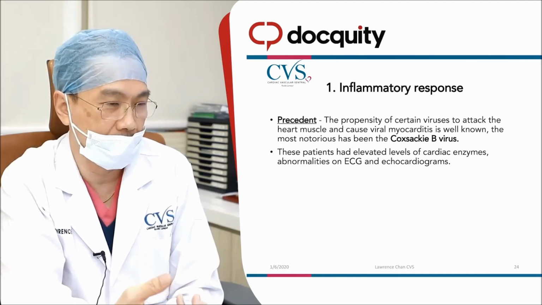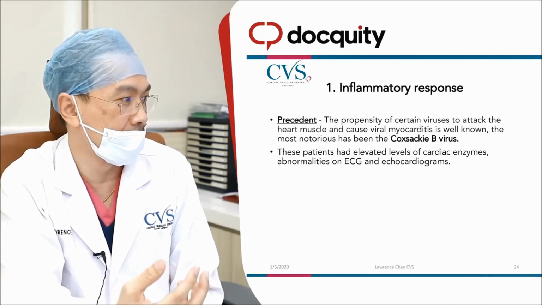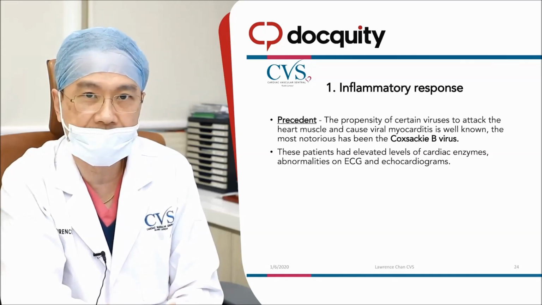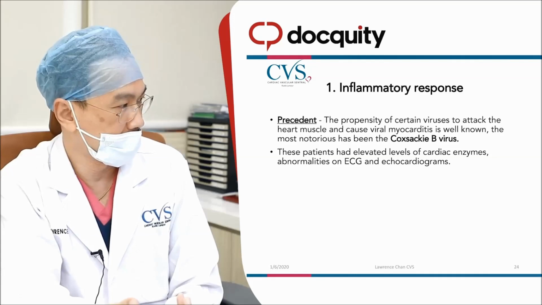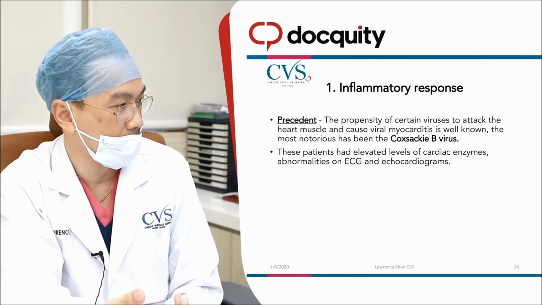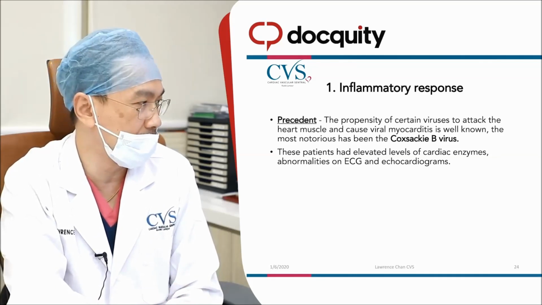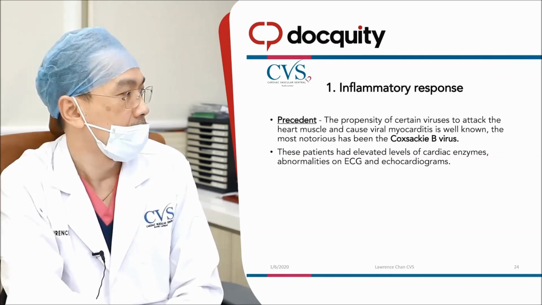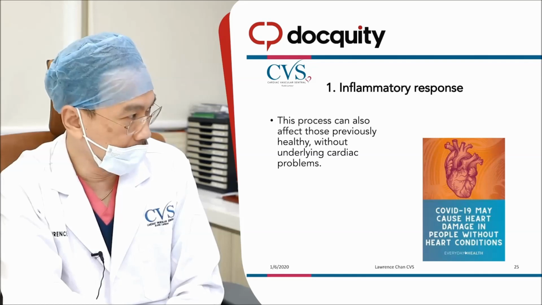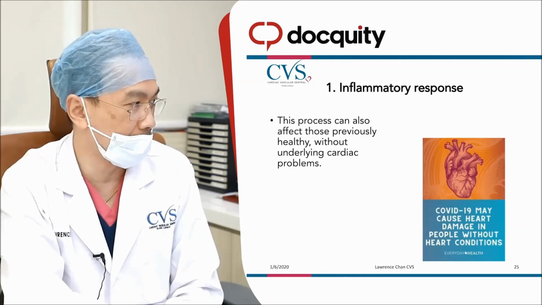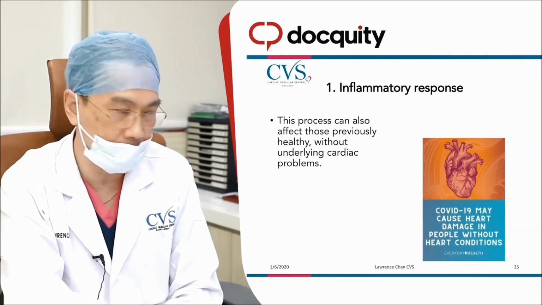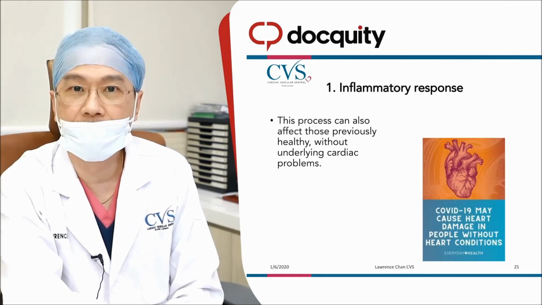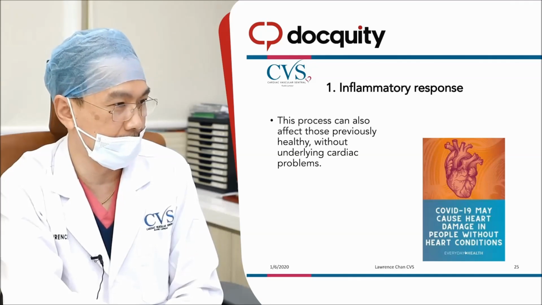And in the clinical setting, you can see that the patients would have elevated levels of cardiac enzymes indicating muscle cell damage, and abnormalities on the ECG and on the echocardiogram. Unfortunately, this process can also affect the previously healthy, those without heart disease. So it can result in a viral cardiomyopathy.